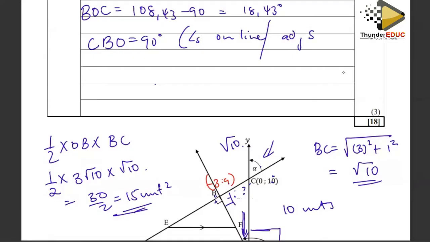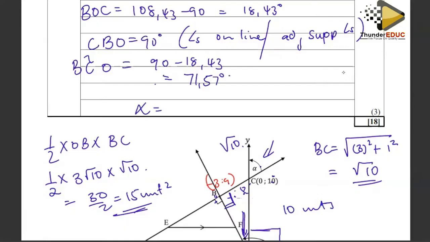Then I know that my CBO is a 90, angles on a line, or some people will say adjacent supplementary angles, which is correct. And then BCO is going to be 90 minus 18,43, because angles in a triangle must add up to 180. That gives me 71,57 degrees.